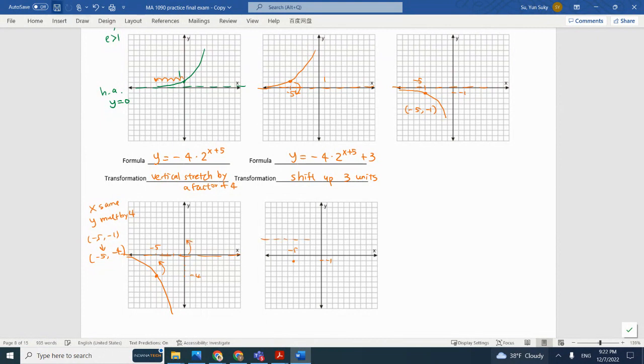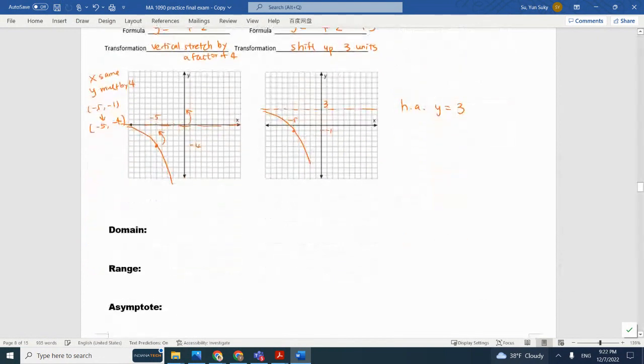Therefore, it's now at y equals 3. And then keep the shape. So our horizontal asymptote is y equals 3. Okay.